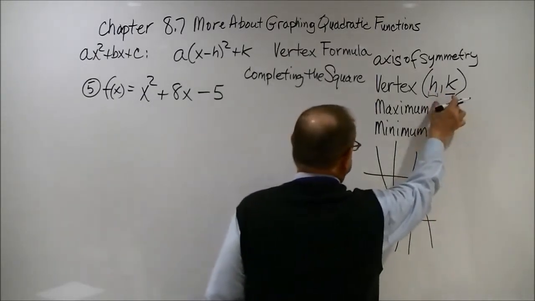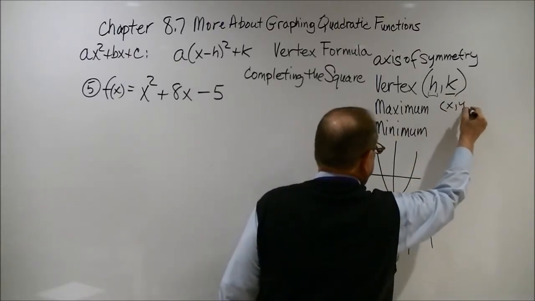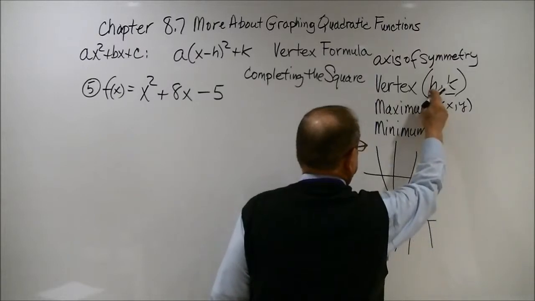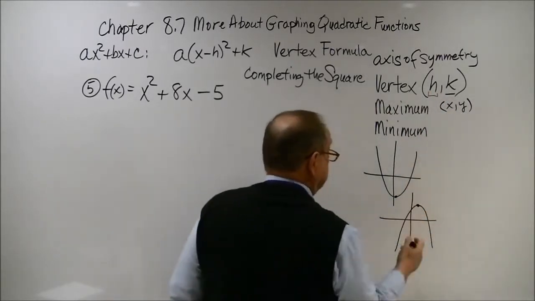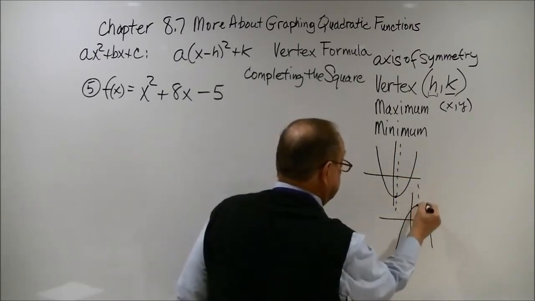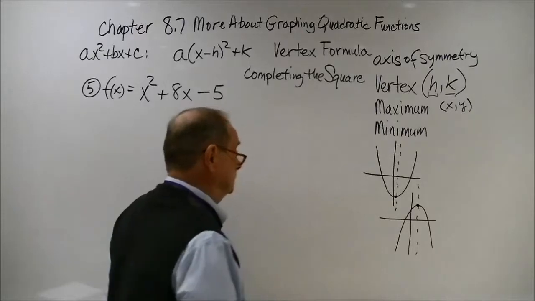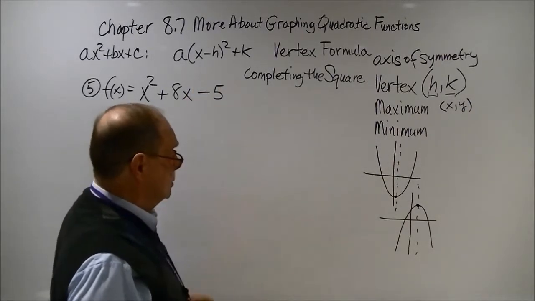Now, keep in mind this is an ordered pair, so in a sense this is x comma y, and your H, which is your x value, is sort of like that, in this one it would be like so. So a couple of things going on here in this section.